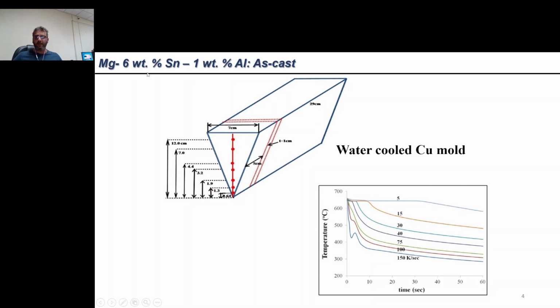What we did was we cast a magnesium-16 tin and 1 weight percent aluminum alloy in a water cooled copper mold, and we inserted thermocouples across the thickness of the mold, and as you can see, with the varying thickness we could have as-cast samples with varying cooling rate. So in one experiment we could get as-cast samples with different solidification features.